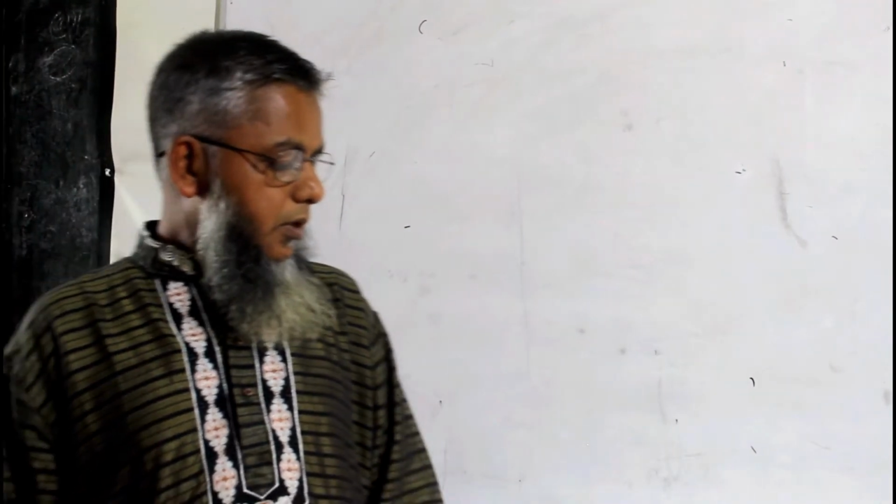However, in my last class, I discussed about sentence. Today I am discussing about changing sentence. In my last class, I discussed what is sentence, how many kinds of sentence according to the meanings.